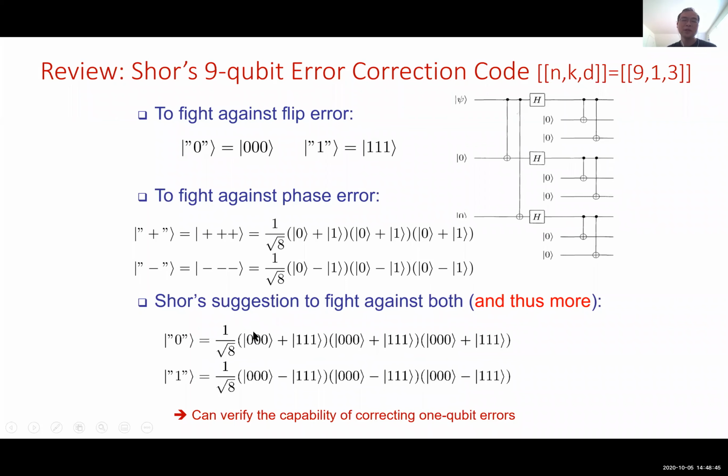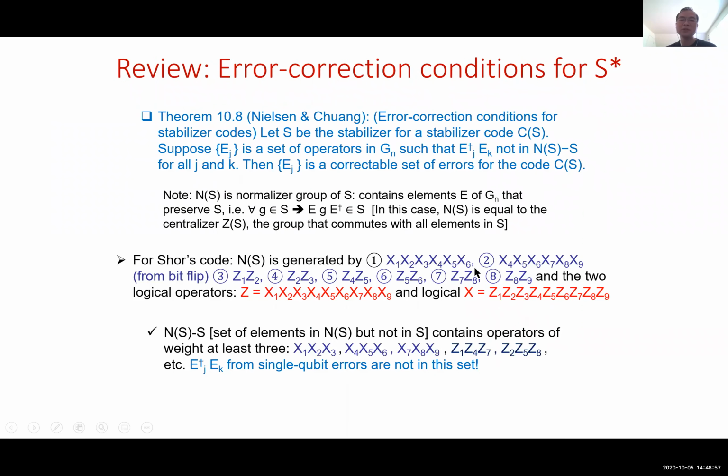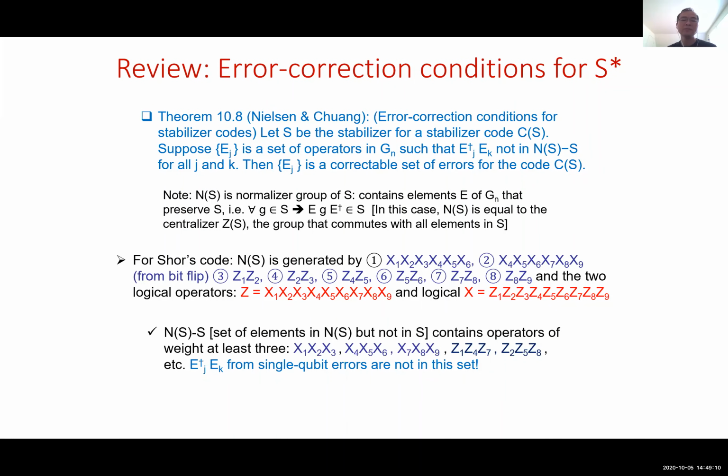So the x would have a minus sign, so it's comparing whether there's a phase flip. Yeah. So this should be a typo. It's from phase flip. And these z1, z2 are comparing the bit flip.